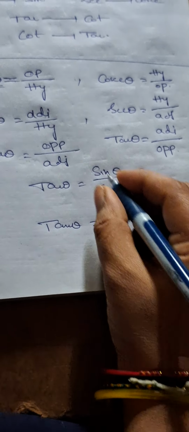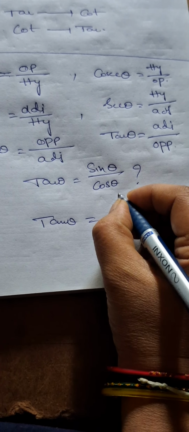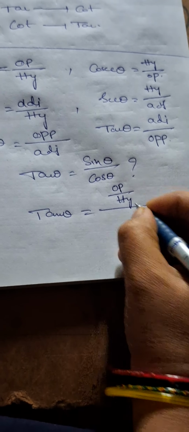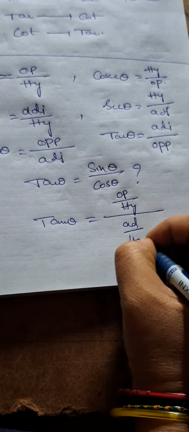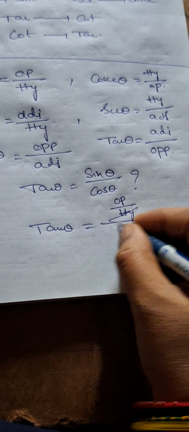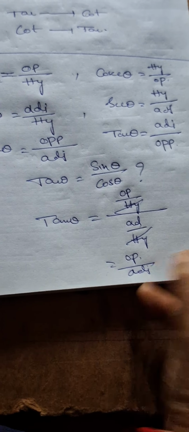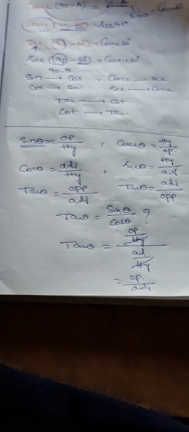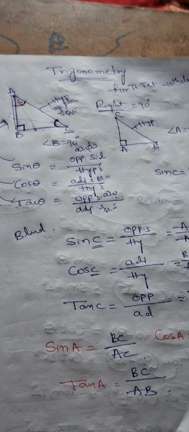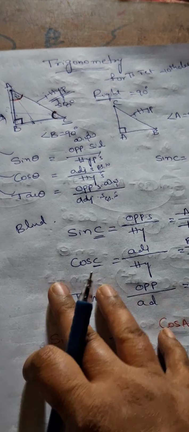Already you know, right? Sin theta is opposite side by hypotenuse, cos theta is adjacent side by hypotenuse. So hypotenuse gets cancelled, and again we get opposite side by adjacent side. Is it okay? So once we will revise. See, trigonometry basics. In the next class I will continue with the problems. Okay.